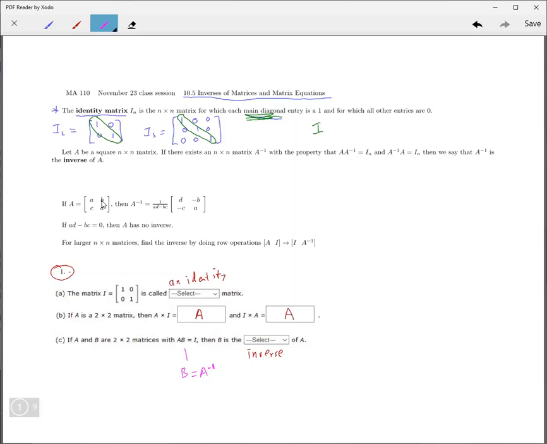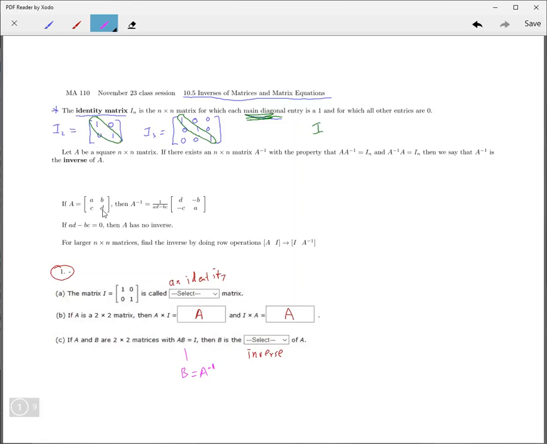Okay, now, if you have a 2 by 2 matrix, then you can find the inverse this way. If the entries are a, b, c, and d, then you take 1 over ad minus bc, so a times d minus b times c, and you multiply each entry by this matrix here.